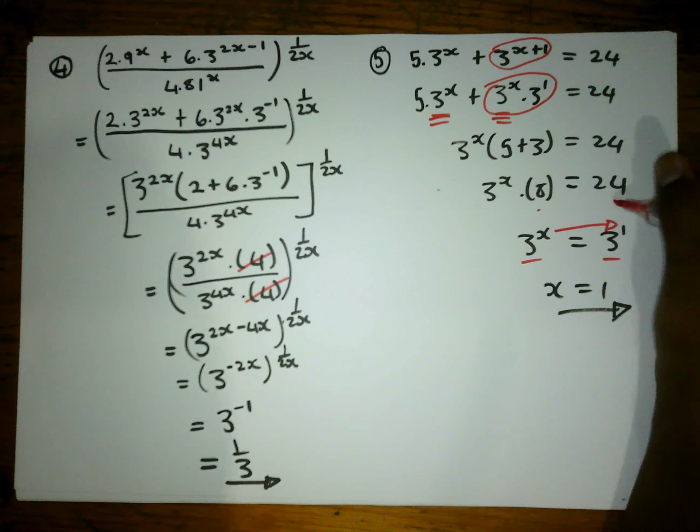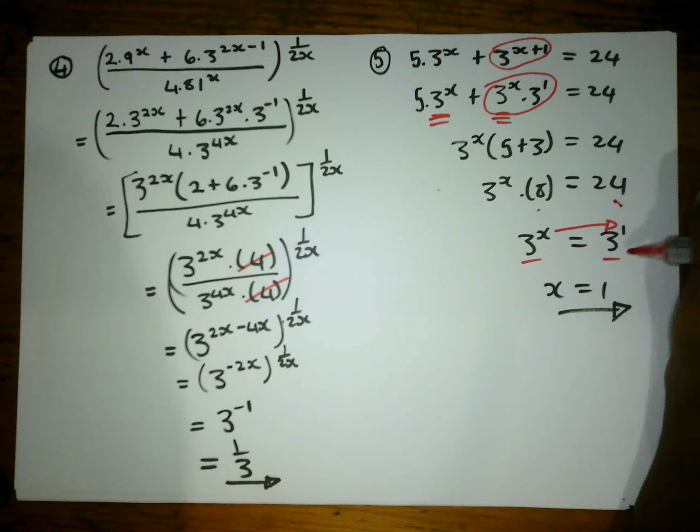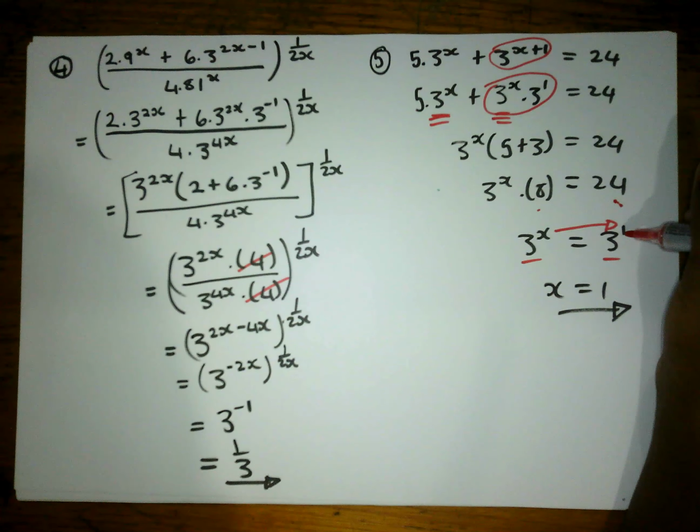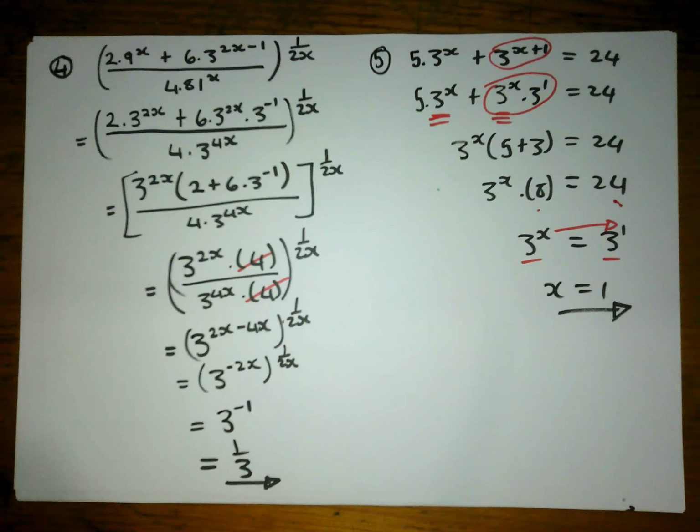Then whenever we get a number, we must be able to set the exponents equal to each other, either immediately or we must simplify it again. But this is the way. This will always be like this. These are the methods you can apply to always answer these questions, no matter what you get.